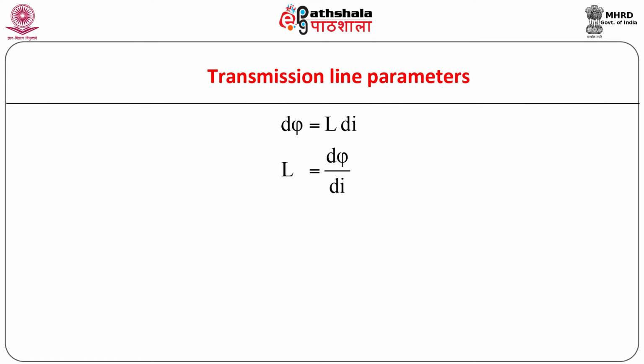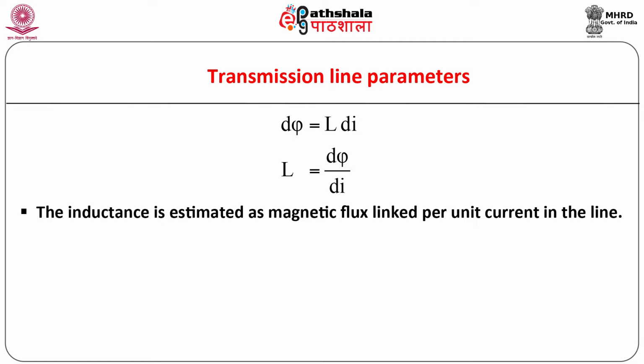This electromotive force produced in the conductor opposes the current through the transmission line. This EMF is equivalently described in terms of a parameter known as inductance. The inductance is estimated as magnetic flux linked per unit current in the line.